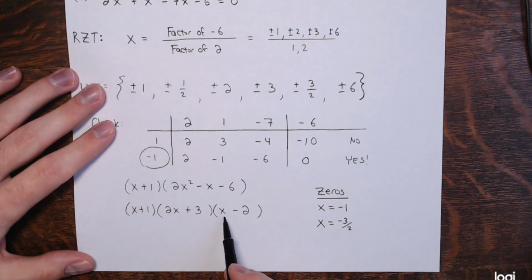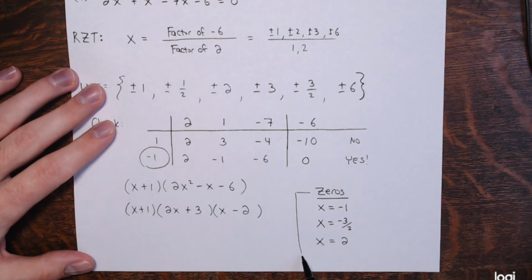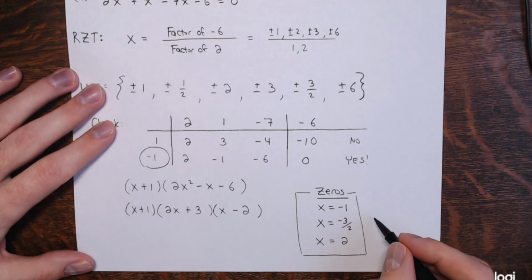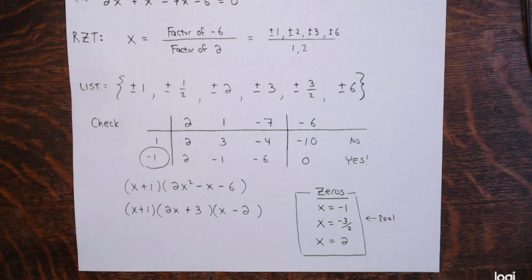And then x minus 2 is a factor, so x equals 2 is a 0. And again, we have a rational 0, and notice that 2 was on my list. Any rational 0 should be on that list of possible rational zeros. If you find a 0 that's rational that's not on the list you made, then you did something wrong. And these are all real as well. Any rational number is also a real 0.